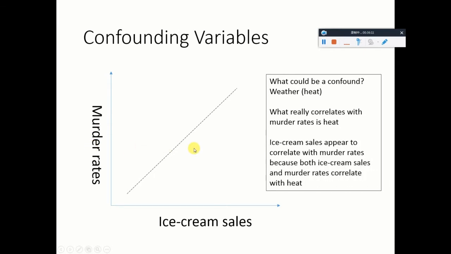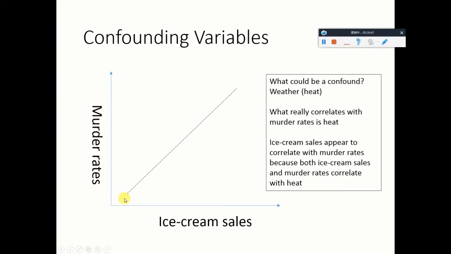So again, ice cream sales are related to murder rates simply because both these two variables are related to heat. As weather becomes warmer, you sell more ice cream. As weather becomes warmer, you observe more murder cases. And as a result, it appears that ice cream sales will increase along with murder rates.